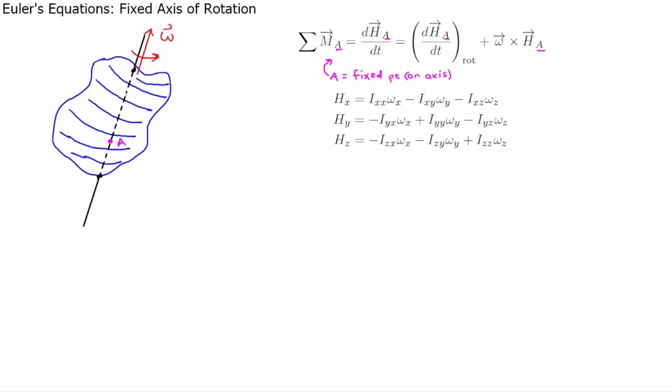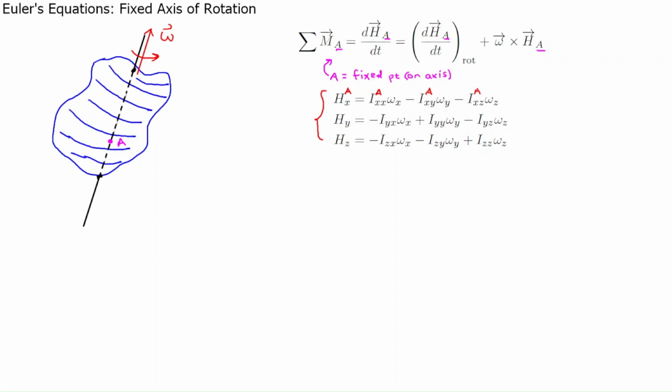The angular momentum components, and again, these are all measured about A, and all the moments and products of inertia are measured about A. It's a little sloppy there, excuse me. I won't write that for the rest, but that's kind of implied here.